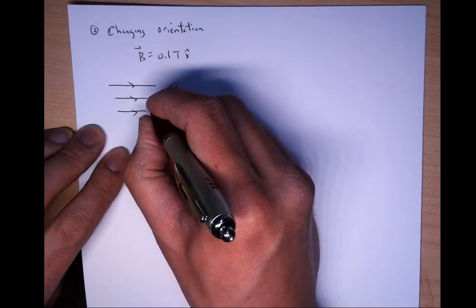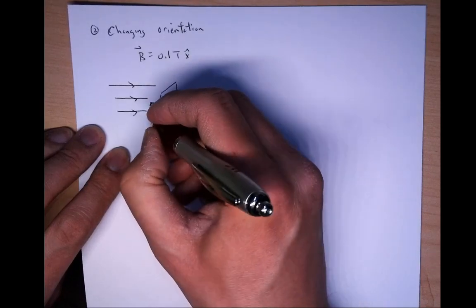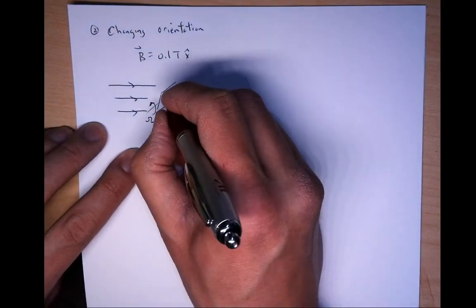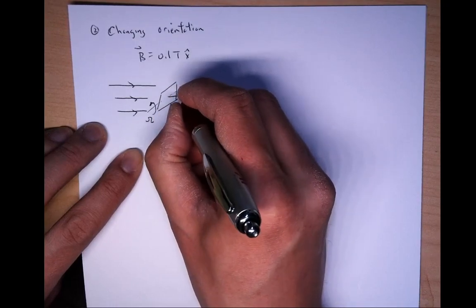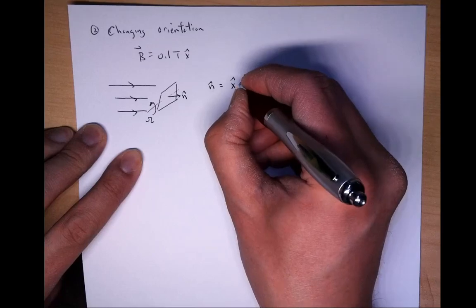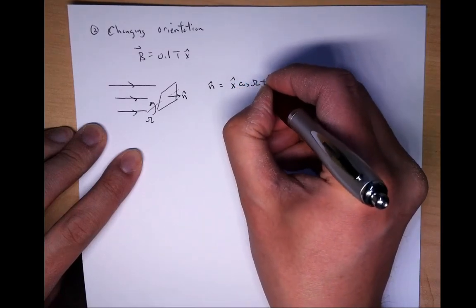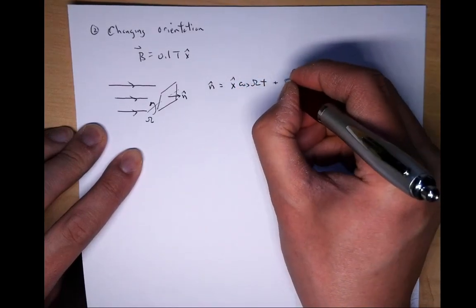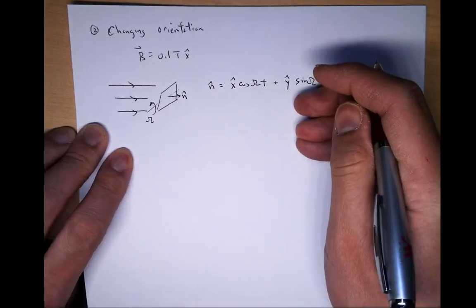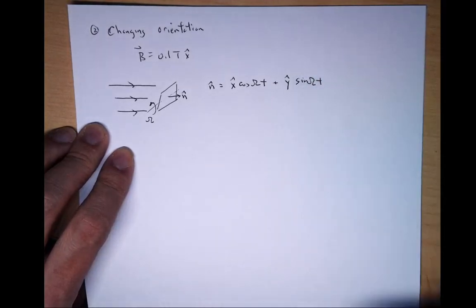It's going to spin around like this with some angular frequency omega. And so the normal vector n hat will go like x hat cosine omega t plus y hat sine omega t.